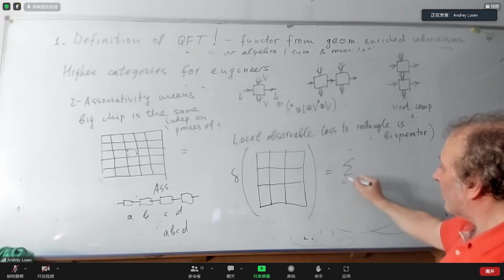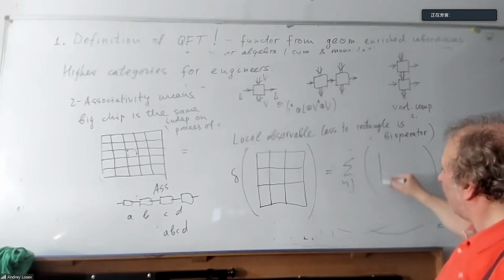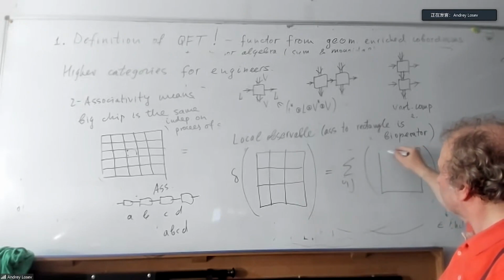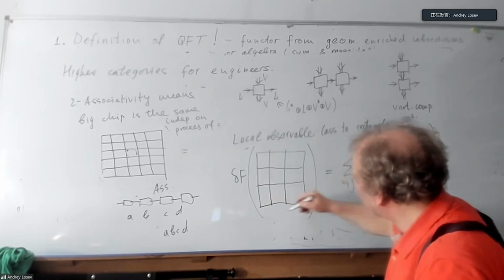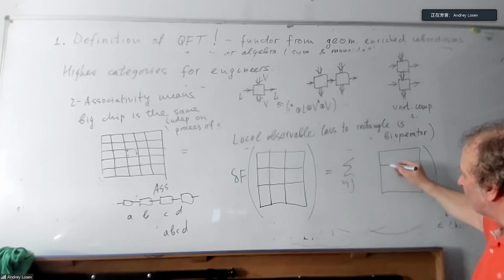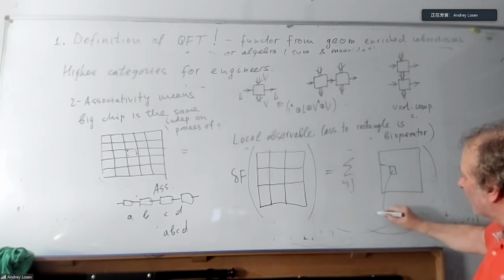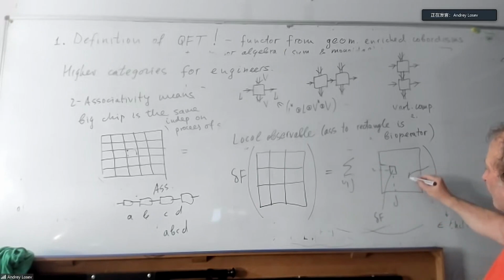It is sum over ij. Again, the table. Okay, variation of functor types. Here variation of f ij, and you have f on the rest.